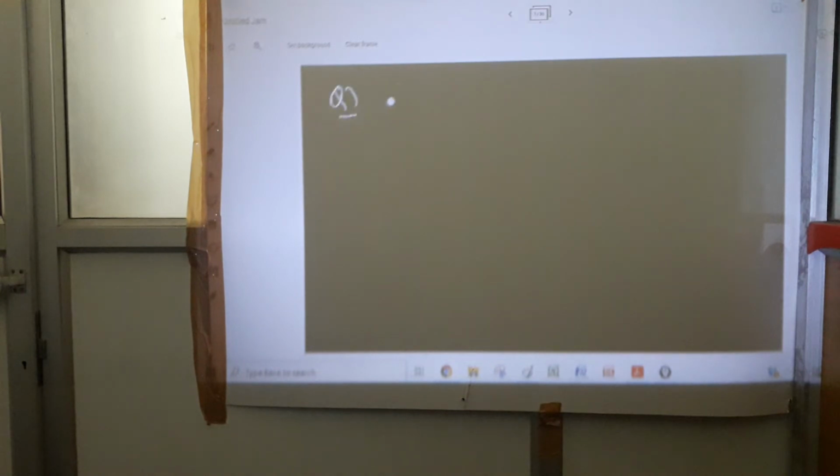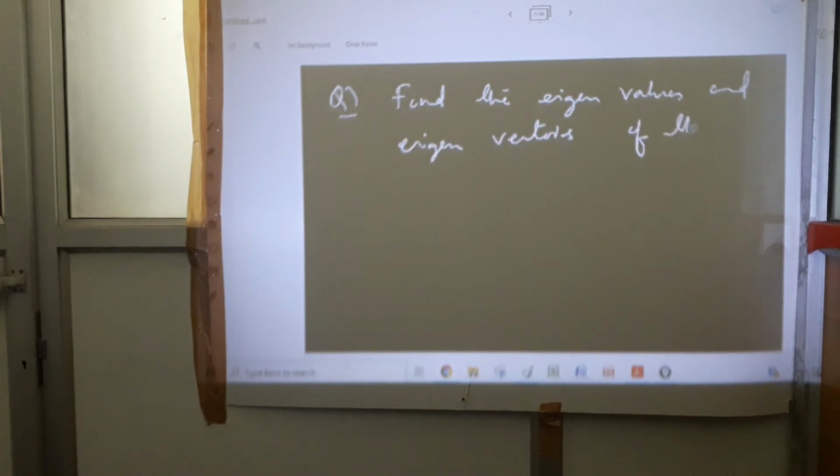If the question appears like this, find the eigenvalues and eigenvectors of the matrix. That matrix will always be given as a square matrix, because we talk of eigenvalues and eigenvectors only for square matrices, and generally they give only 3 by 3 because 4 by 4 takes a lot of time. 2 by 2 will be very simple.